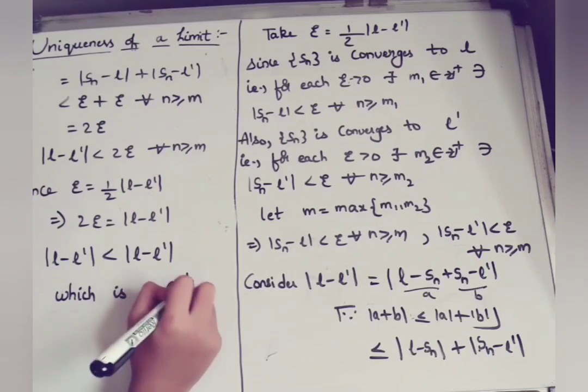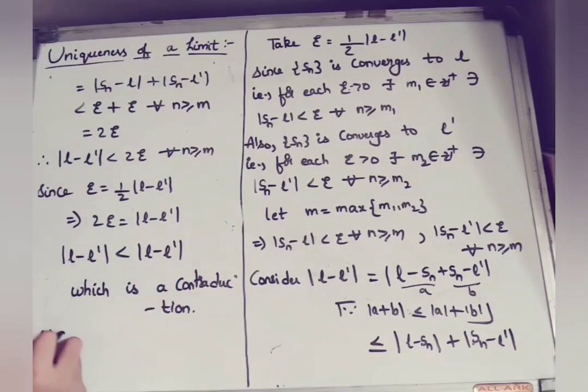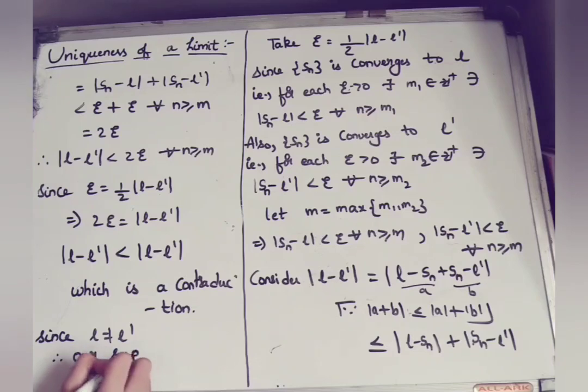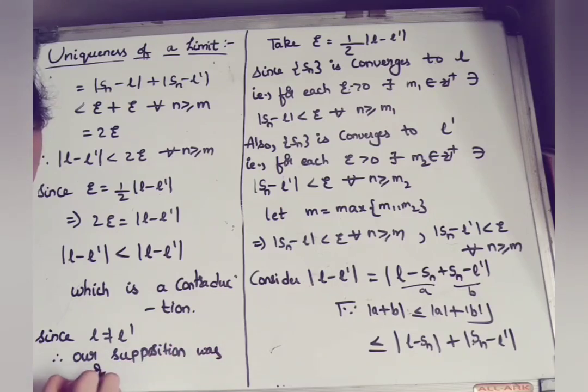So which is a contradiction. Why do we get this contradiction? Since L not equal to L dash, our supposition is wrong. This is our supposition, right? So our supposition was wrong.